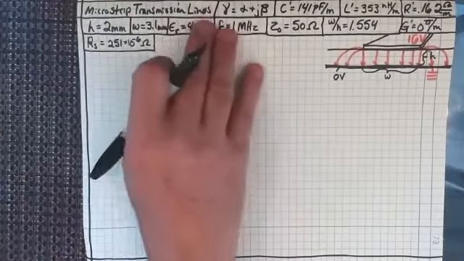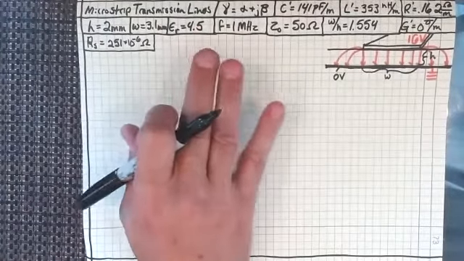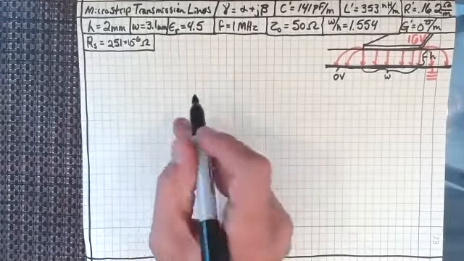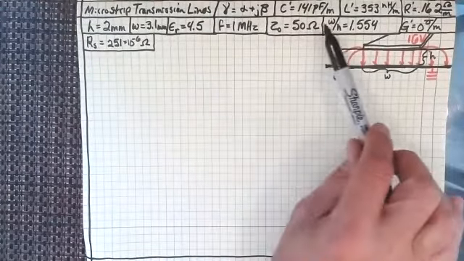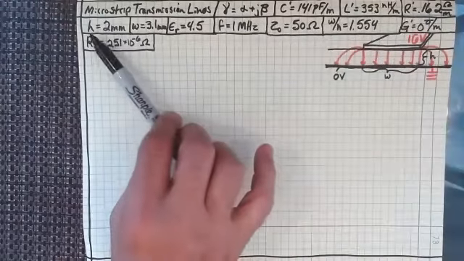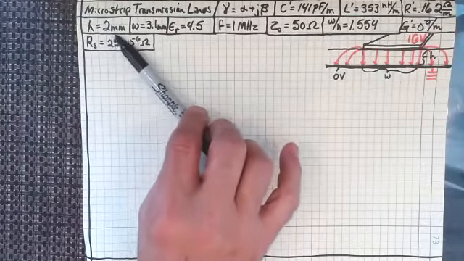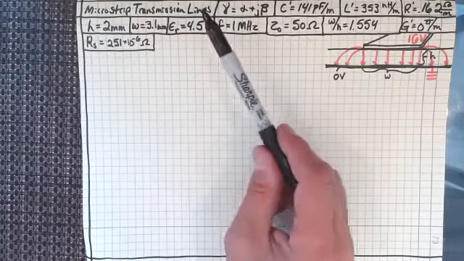I want to recap the last lecture that we had, and that was on microstrip transmission lines. I've put down some things here from our last lecture so that you don't have to refer back to the lecture or even your notes.